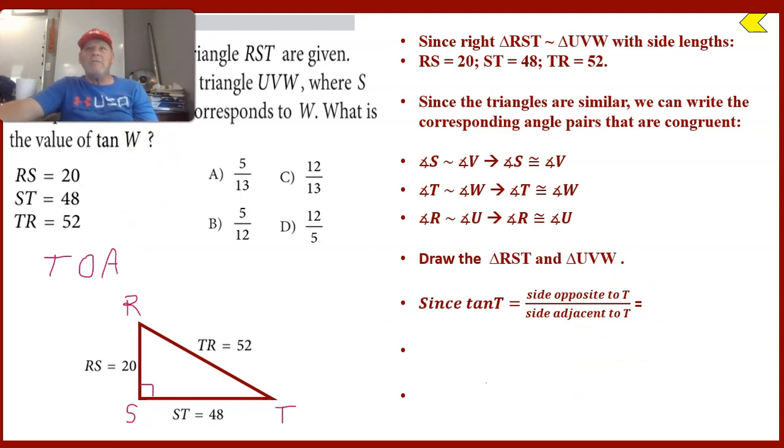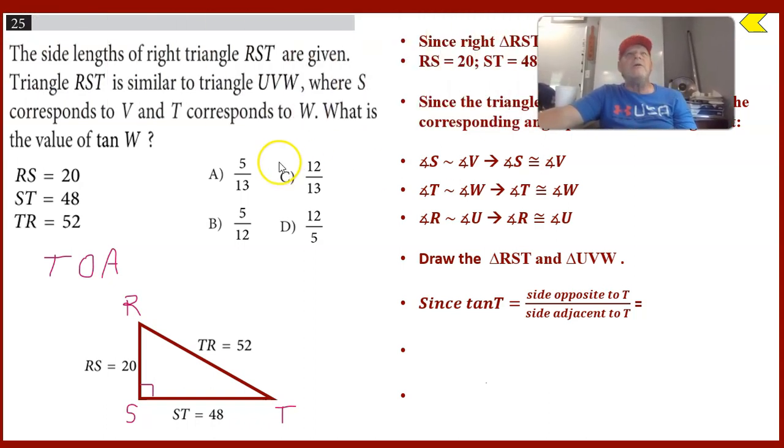So if you look at what it's asking you here, what's the value of the tangent of W? Oh, it's wanting W. Well, to find W, it would be the same as T. How do I know that? Because W and T correspond up here and they're congruent, and congruent angles will have the same tangents.